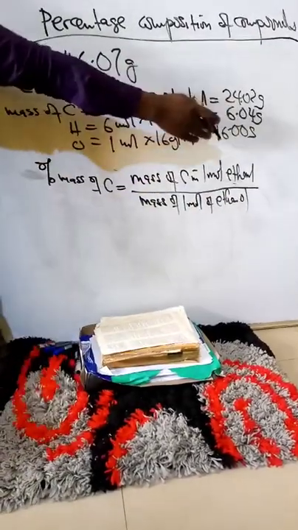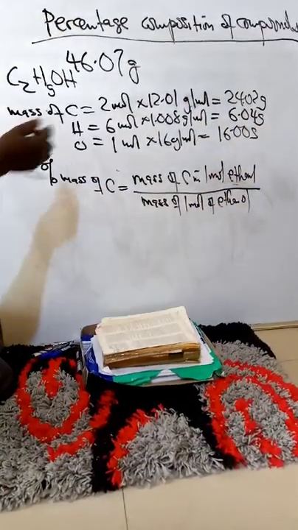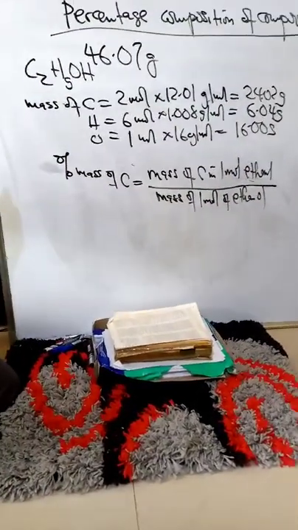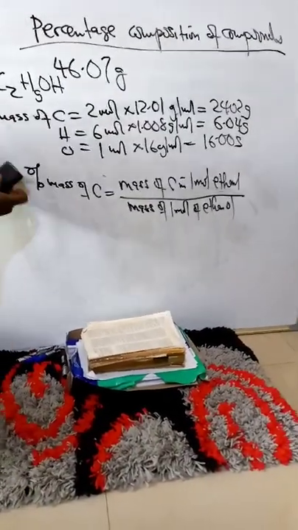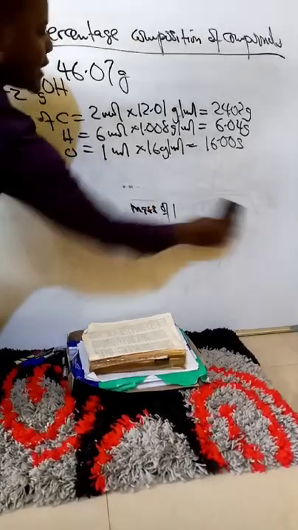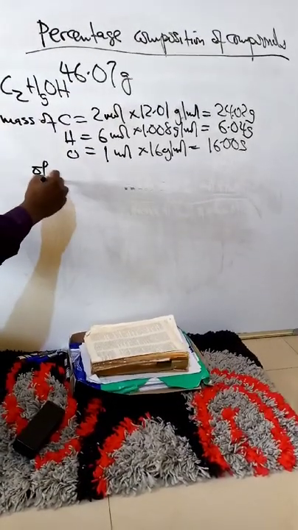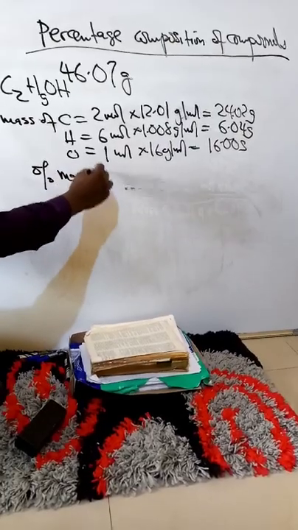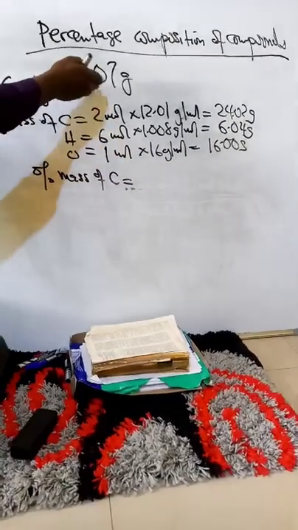So now we shall use these masses to calculate the percent mass of the individual elements using this formula. So we'll start with the carbon. Percent mass of carbon is equal to mass of carbon over the mass of the compound.